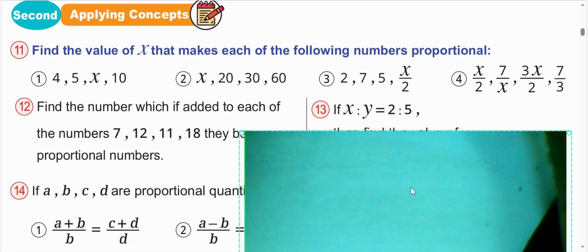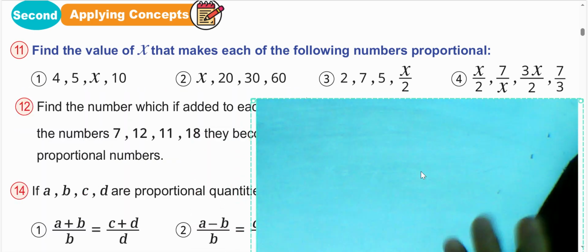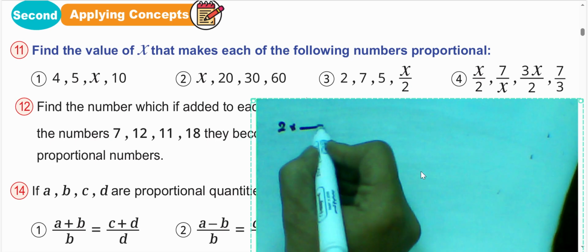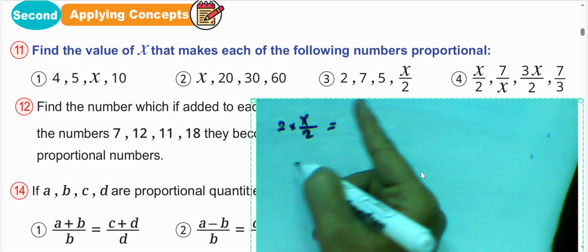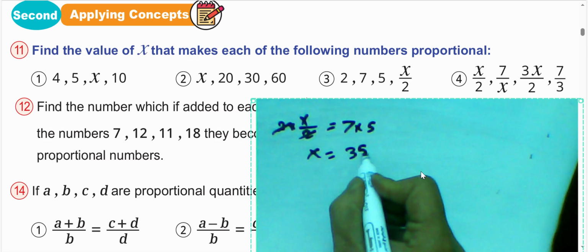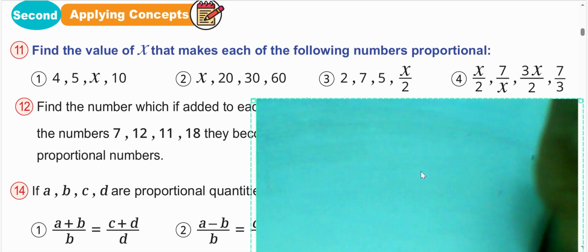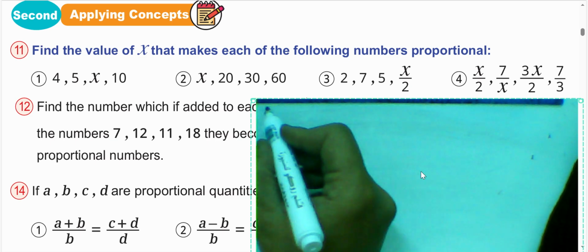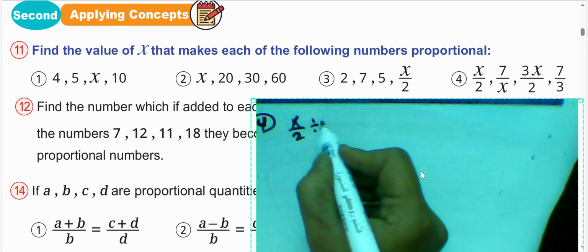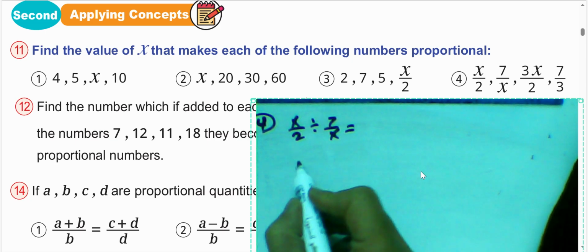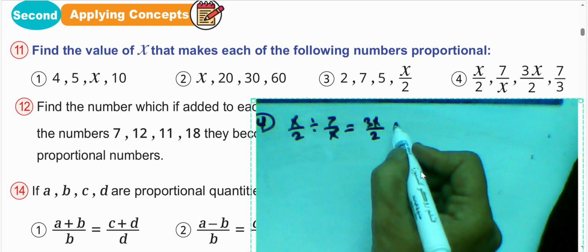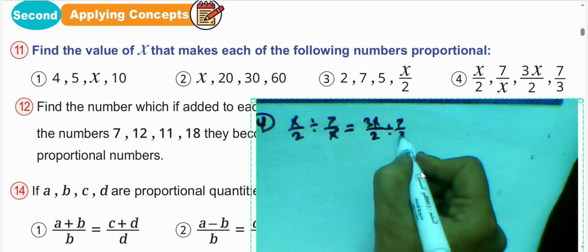Number 3. We have 2, 7, 5, and x over 2 proportional. Then the product of extremes, 2 times x over 2, equals the product of means, 7 times 5. Then the value of x equals 35. Next question, number 4. x over 2 divided by 7 over x equals 3x over 2 divided by 7 over 3.